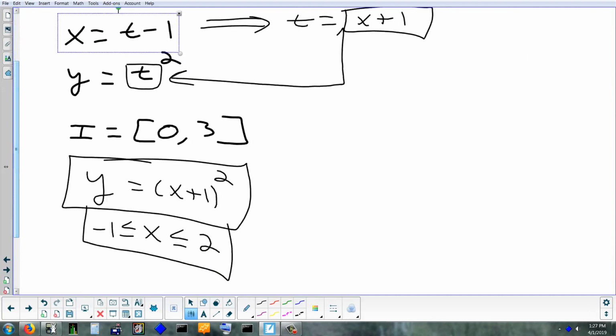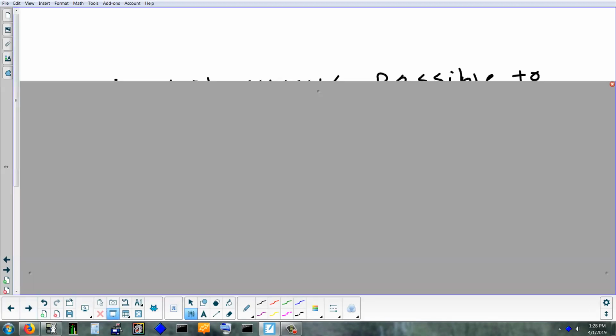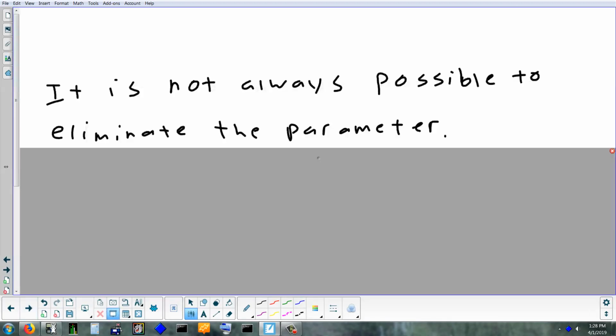Now, what we just did there is taking a set of parametric equations and getting rid of the parameter. We got rid of the t. Now we're going to look at doing the opposite. What we just did is not always possible to do. I could give you a problem you wouldn't be able to solve. If I gave you this one, x equals 2 to the t plus t.